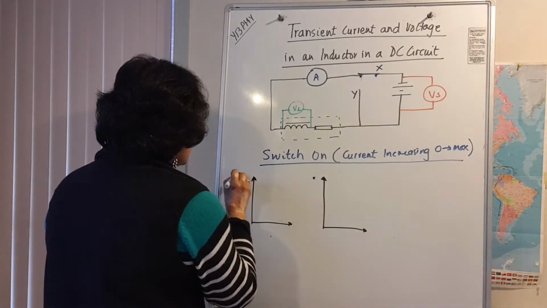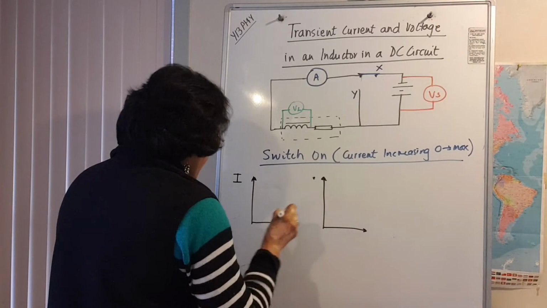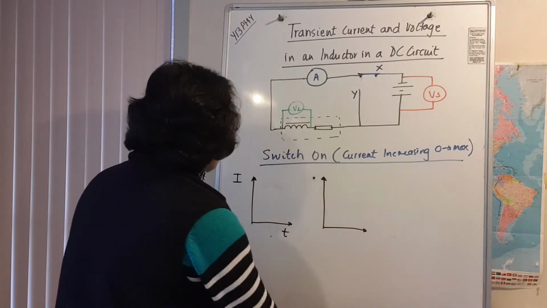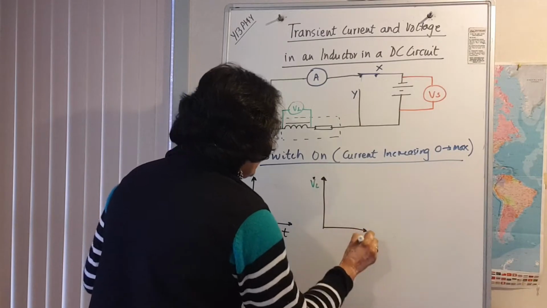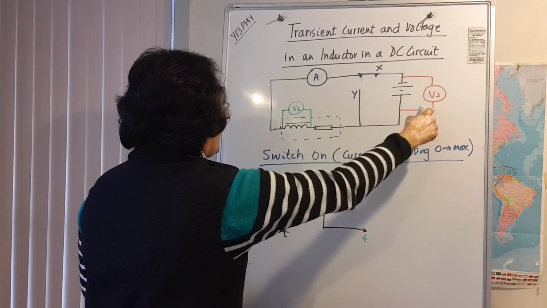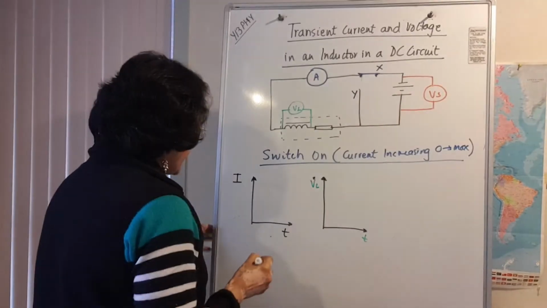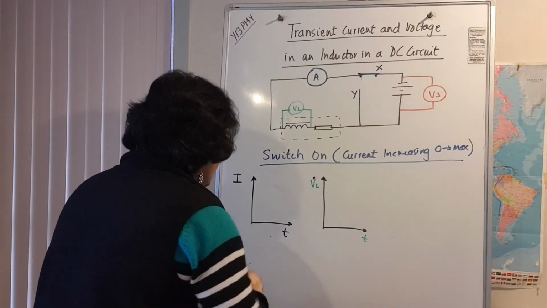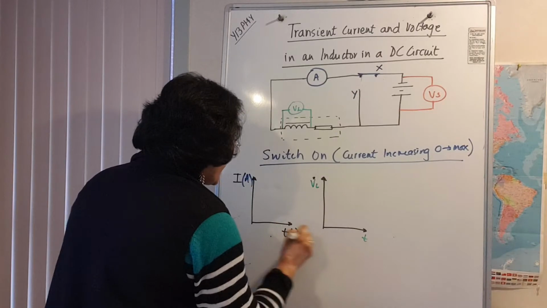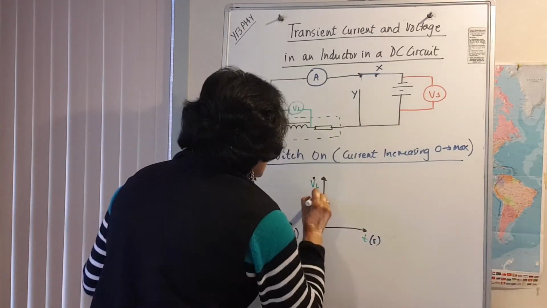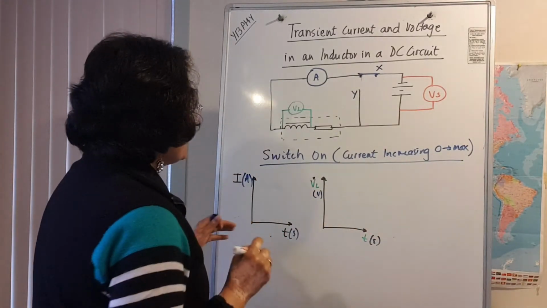The current is the circuit current, but my voltage is the voltage across the inductor that I'm interested in, not the source voltage, which stays the same the whole time. Current is measured in amps, time in seconds, voltage in volts.